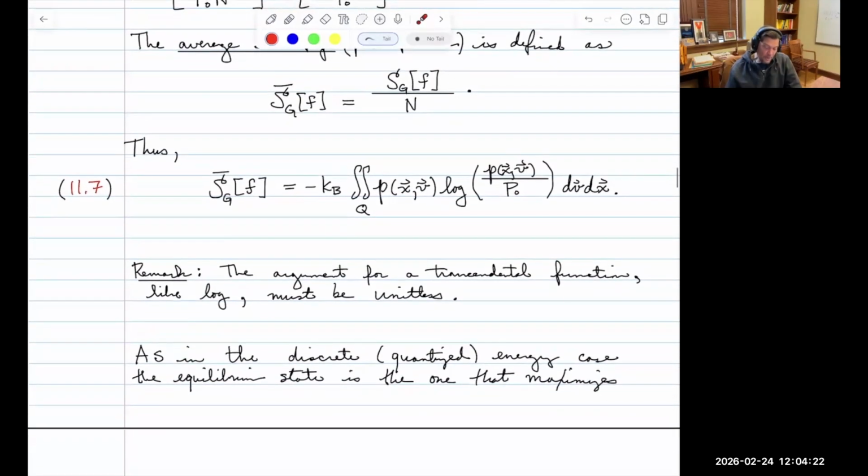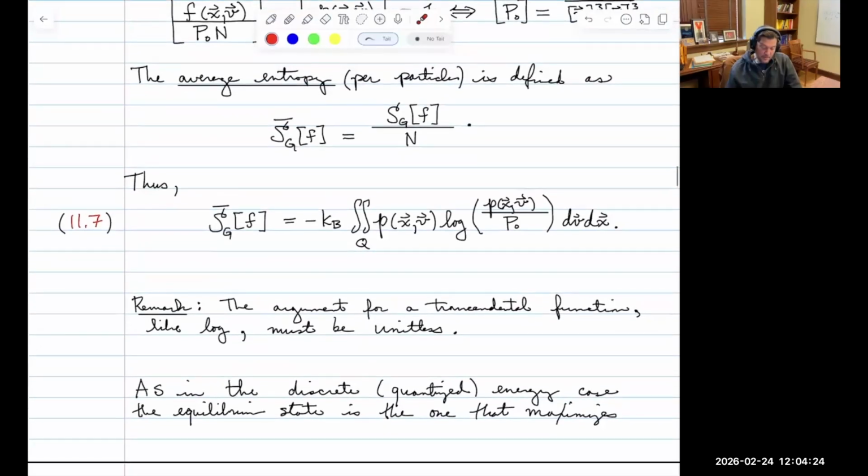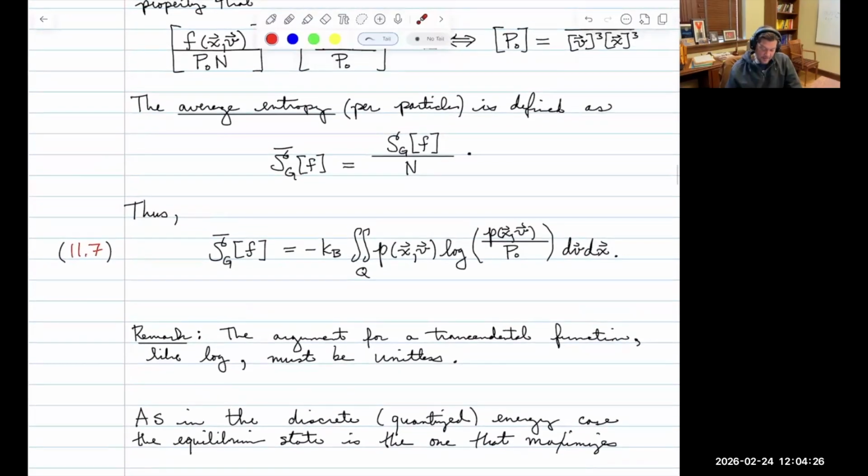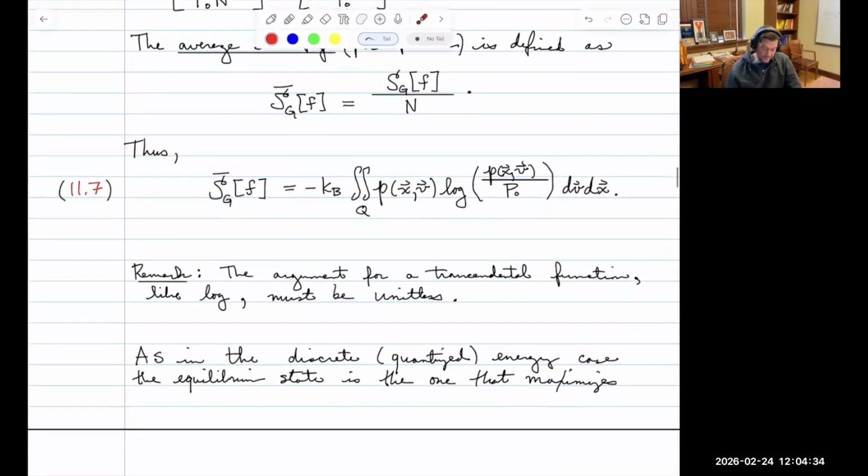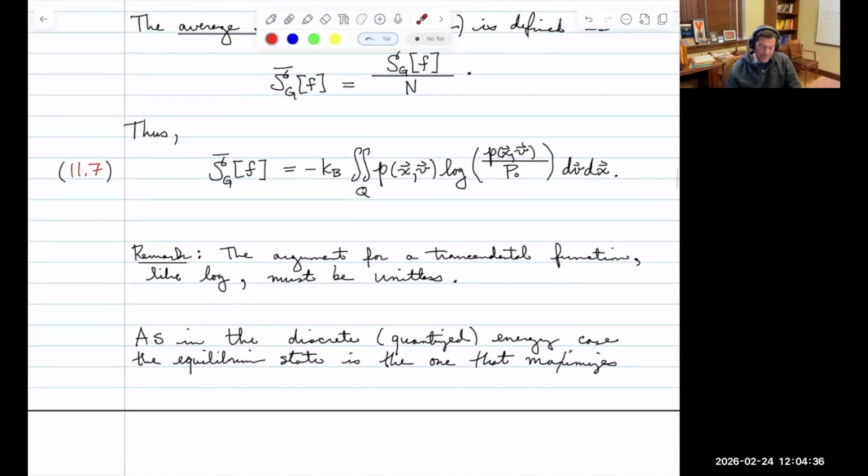And again, we're always making sure, at least as often as I can remember to do so, that the arguments of the transcendental functions like log are unitless. Log is a little bit of a tricky one, because if I take the log of a product, that's the sum of the two logs. Similarly, the log of a quotient is the difference of logs.